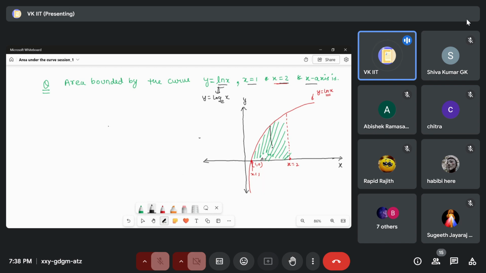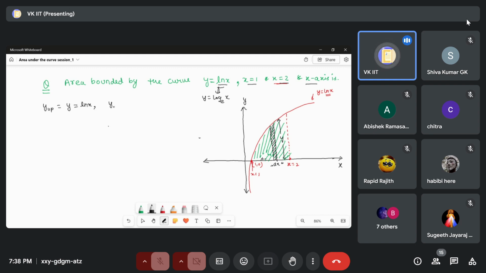So vertical strip, just consider that vertical strip here again. This is dx length, or we can say breadth. The vertical height will be y up minus y lower. Y up is nothing but y only, that is equal to given as ln x.